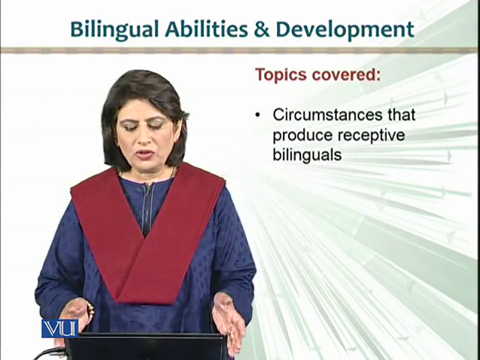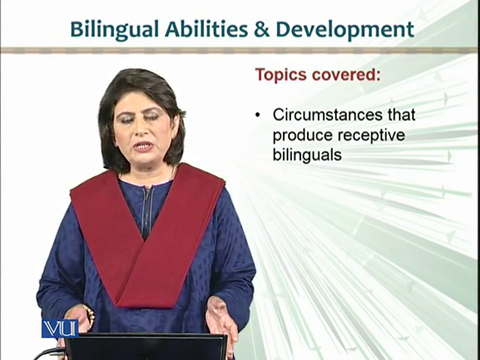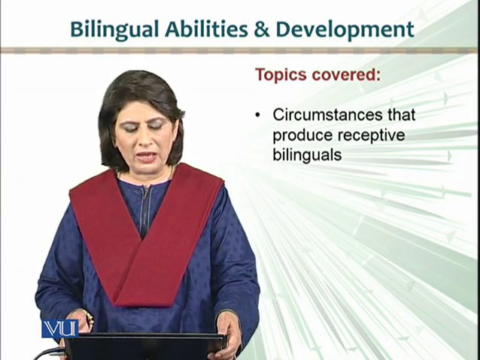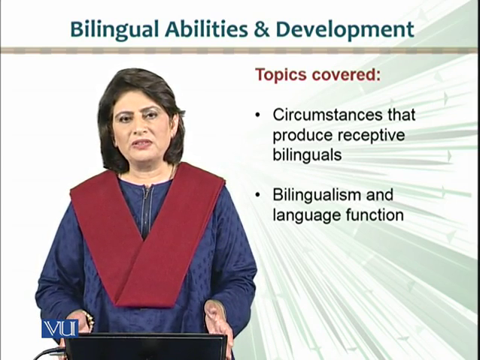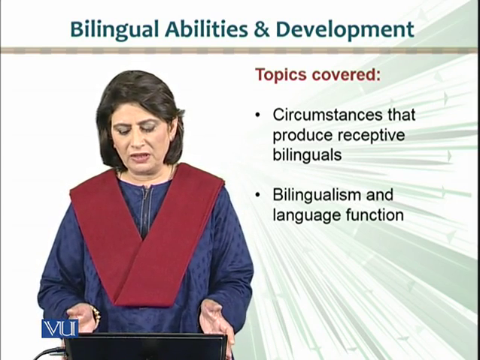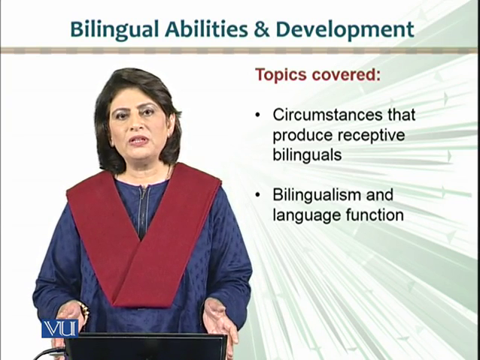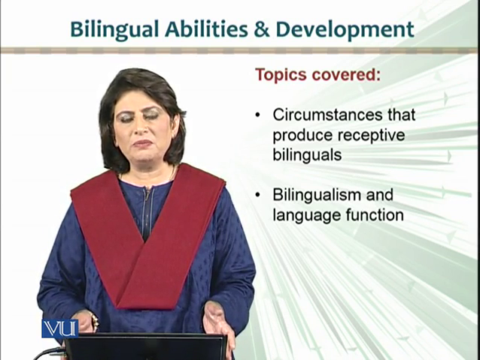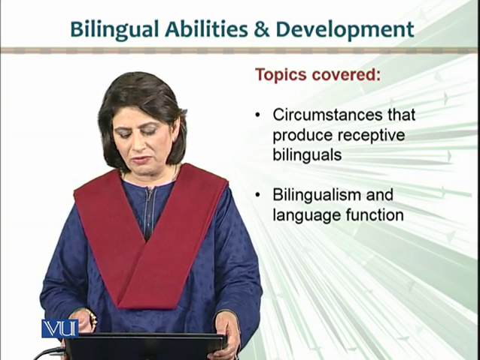So the topics that are covered in the coming modules relate to what are the circumstances in which receptive bilinguals are produced, what are the circumstances in which you have these productive bilinguals, and then we talk about how the state of bilingualism is related to language functions for which you use languages.